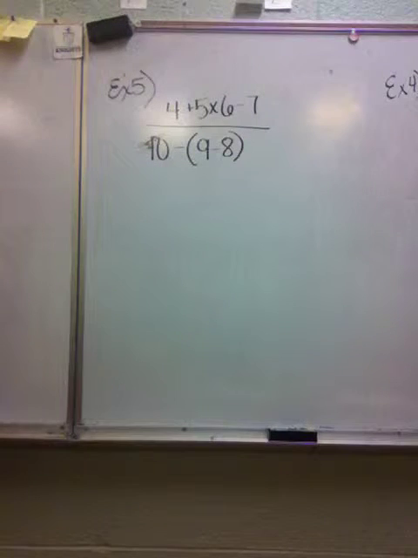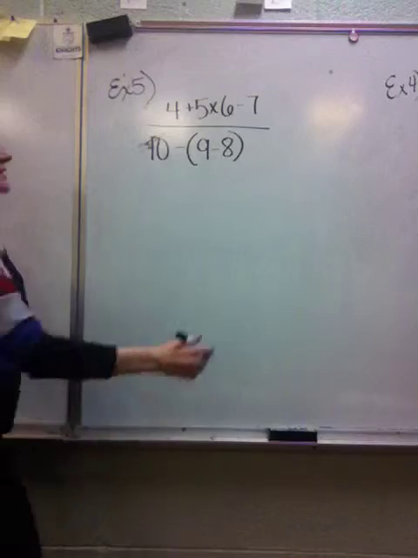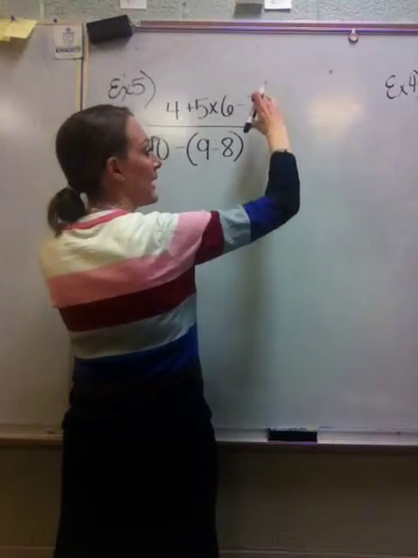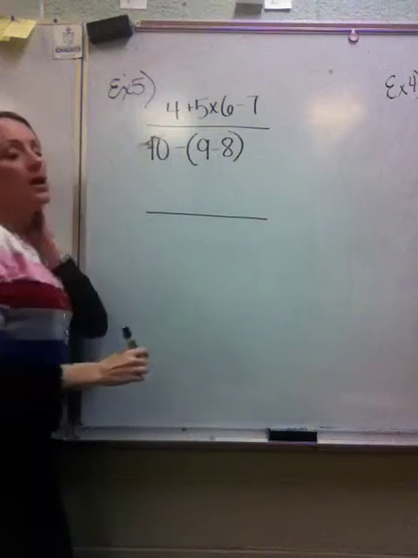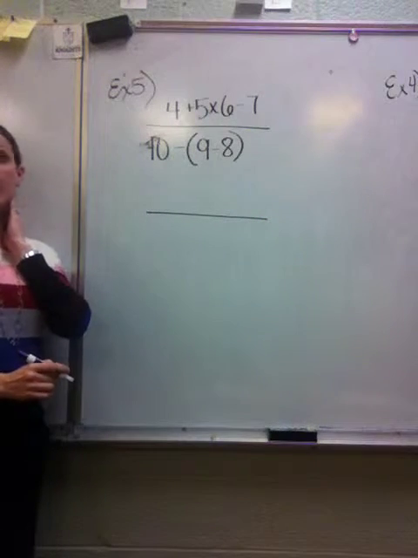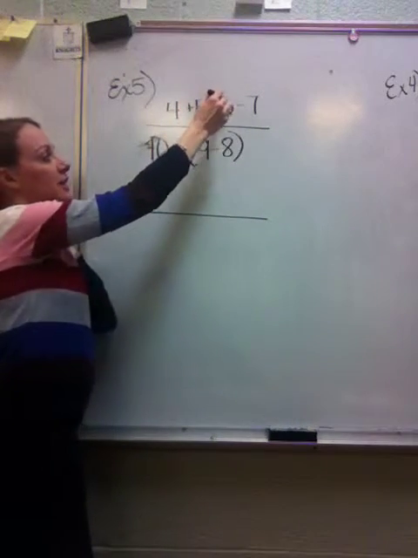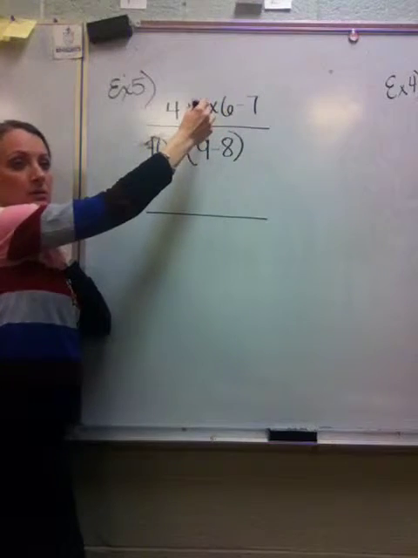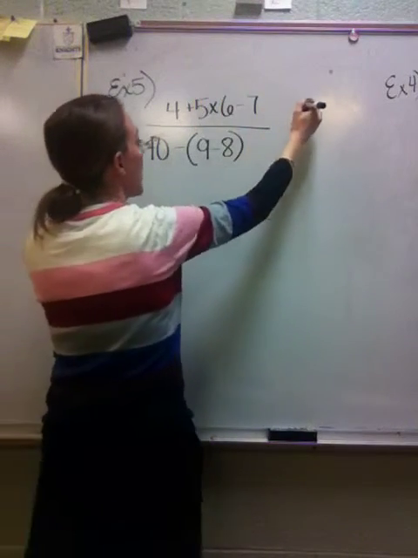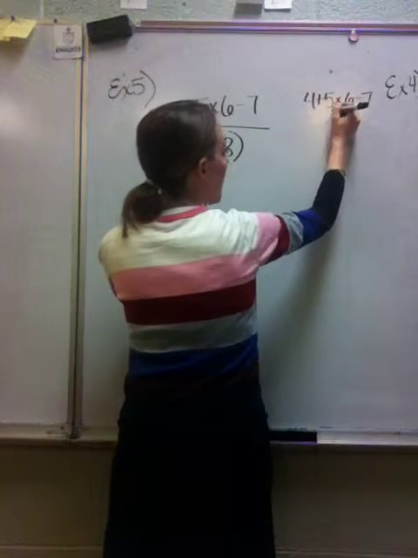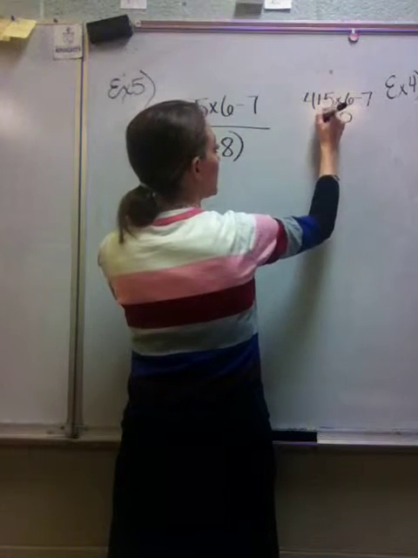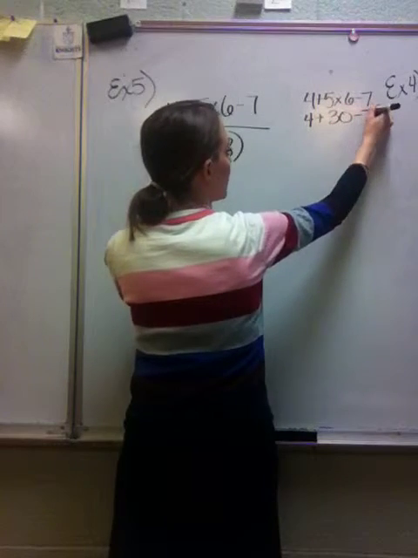Now, what you have to do is everything on top and everything on bottom first. Let's just go ahead and draw our fraction bar. What do I do on top here? 5 times 6. 5 times 6 is 30. Bring down my 4 and my plus sign, minus 7.